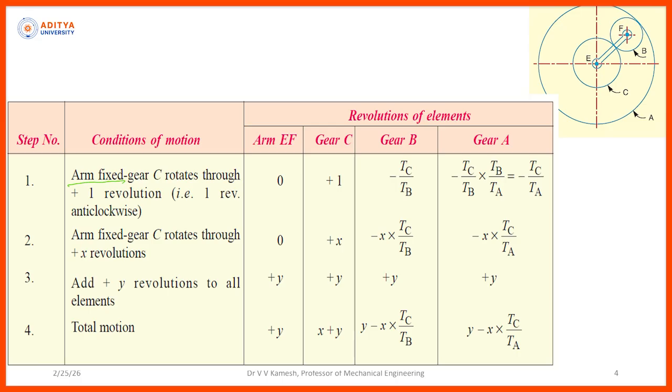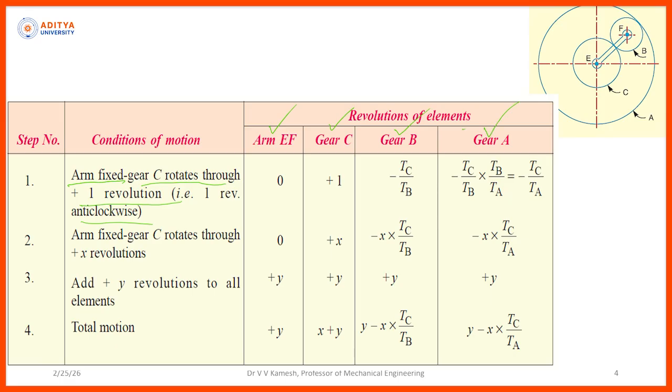Arm fixed. Now, gear C rotates through one revolution. So, starting with the central one, we are transferring from C to B and B to A. First component is the arm, second component C, third component gear B. Up to this we discussed in the earlier problems. Now, you have A also.